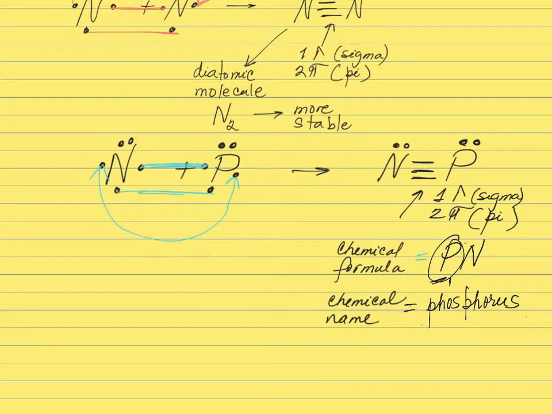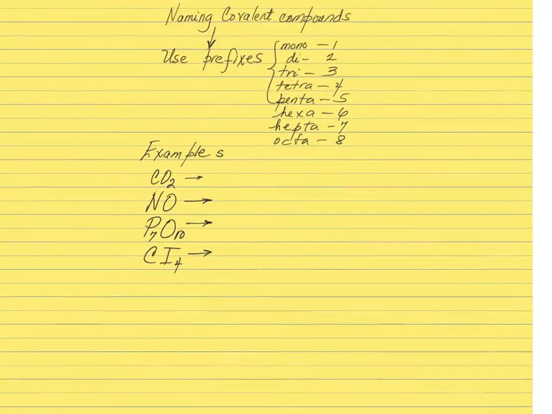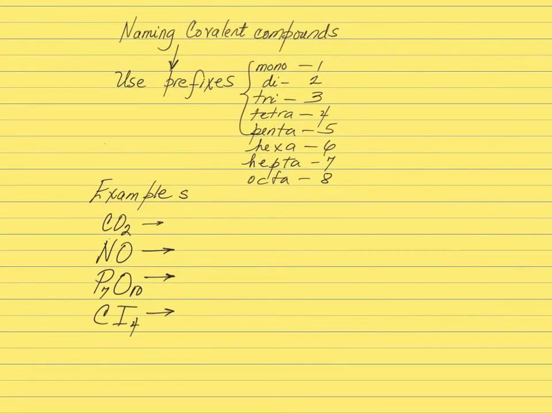But if you have one atom of the second element involved in the formula, then you have to use mono for the second one. Mono, one atom. Nitrogen is going to become nitride. So you drop the ending of the element's name and then you add -ide. And I'm making this up just to show you samples.